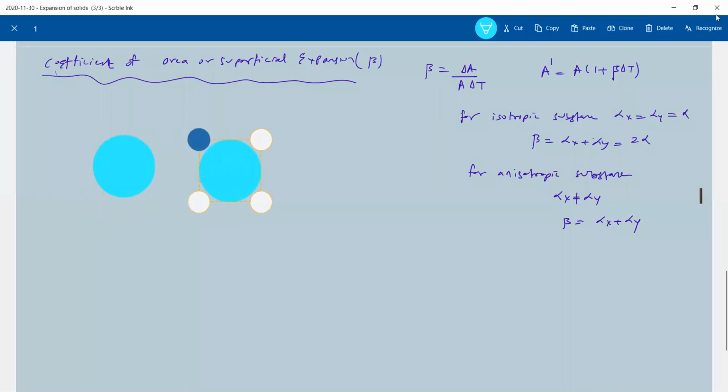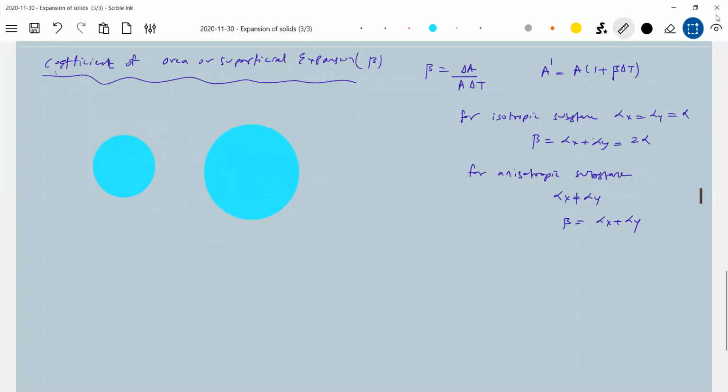as you raise the temperature, definitely its radius will increase. Fine. So earlier it had radius r. Now it will become r dash. This is at temperature T1 degrees Celsius, T2 degrees Celsius, where T2 greater than T1. This is strictly alpha x equal to alpha y.